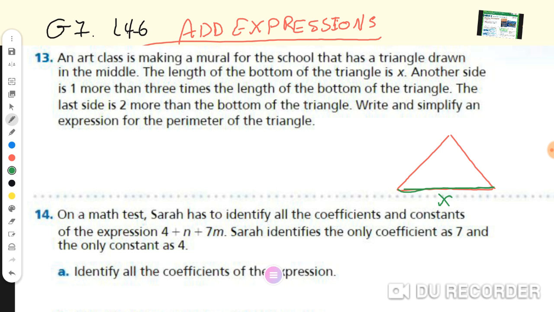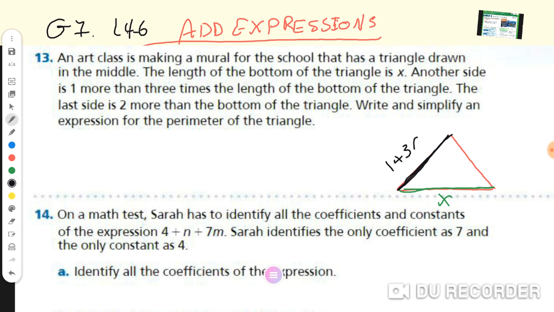And another side is one more than 3 times the length of the bottom of the triangle. So consider this side: one more means it's more. So 1 plus what? 1 more than 3 times the bottom length. 3 times means 3 of the bottom length.